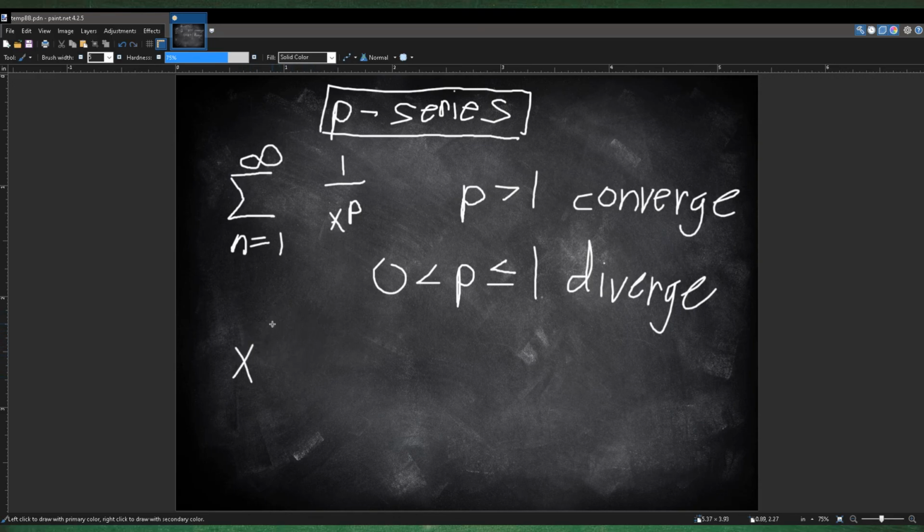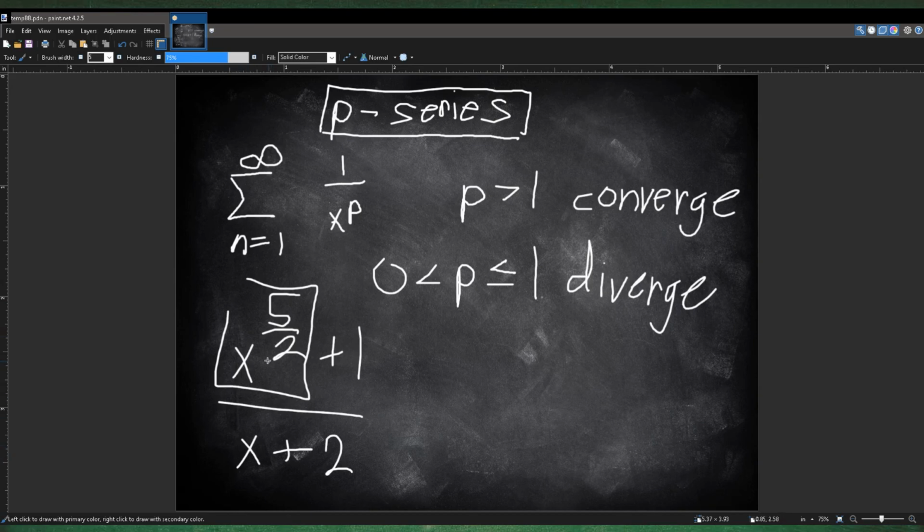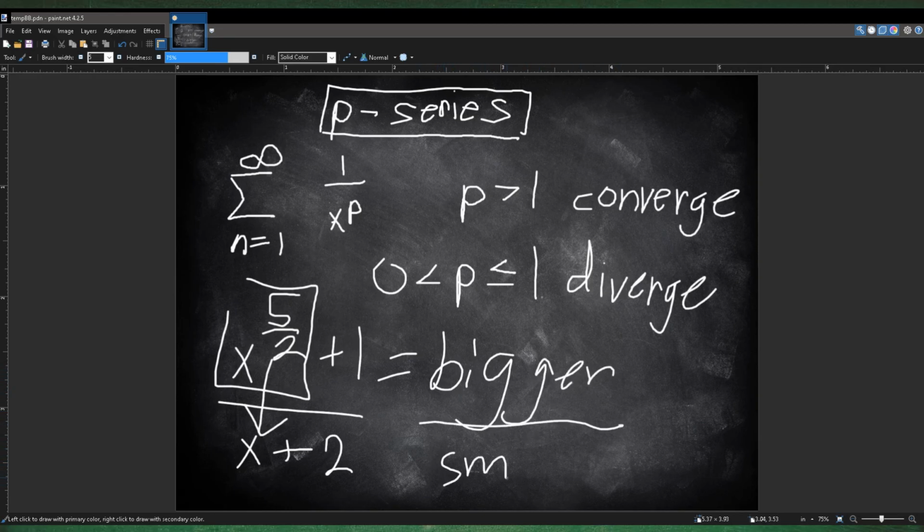So if we have x to the power of 5 over 2 plus 1 on top, and x on the bottom plus 2, we can automatically tell that this is not going to converge, because x to the 5 over 2 is way bigger than x. So if you plug in numbers, the top is just going to get bigger over a smaller number. Since the numerator is always going to be bigger, it's always going to add more and more area.